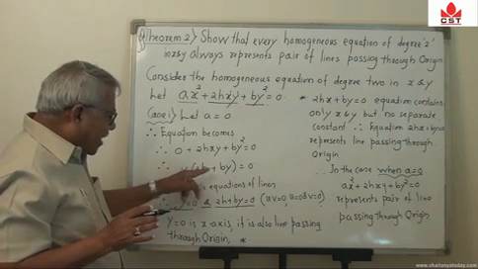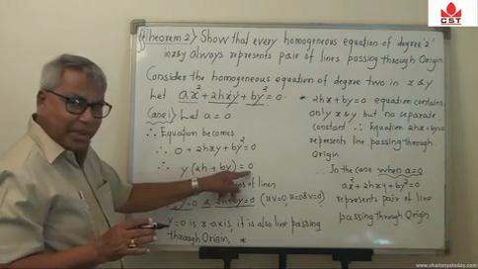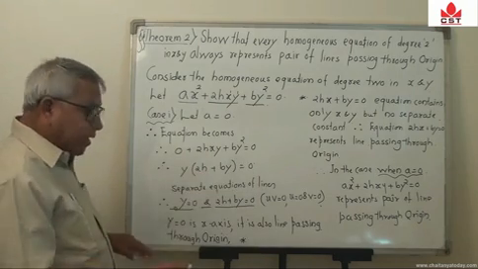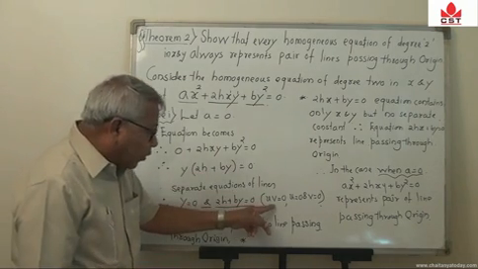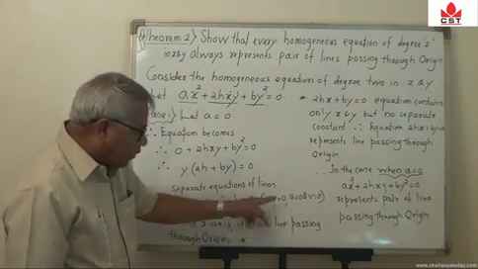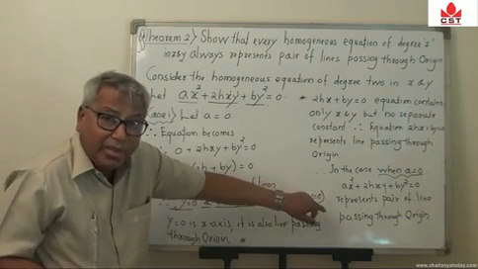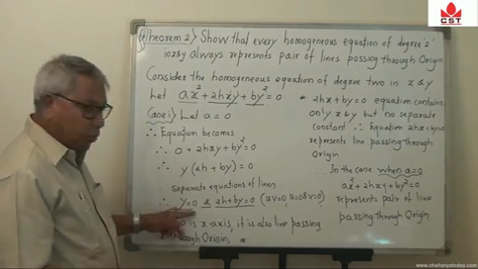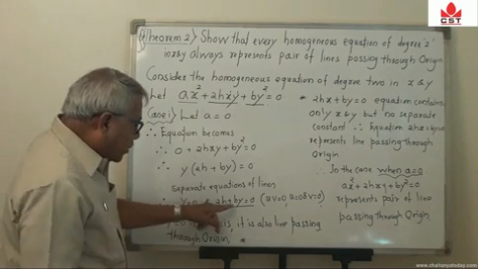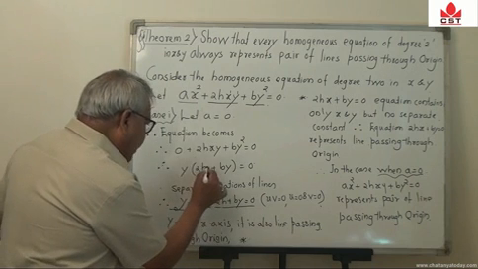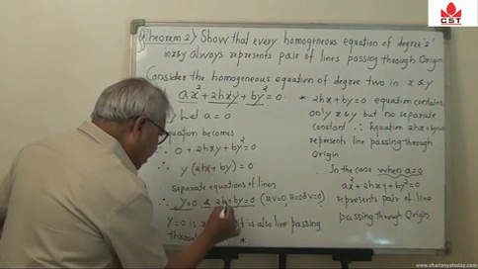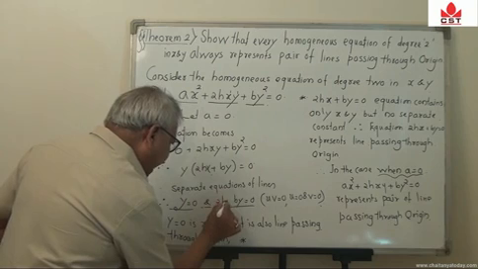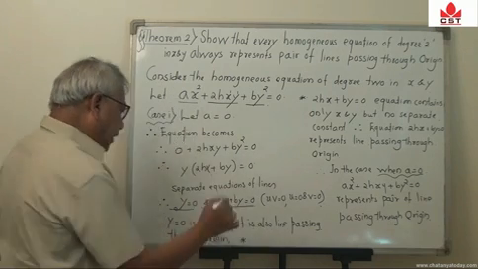What will we get? y into 2hx plus by is equal to 0. So make them separate, since you know that the locus uv equal to 0 gives u equal to 0 and v equal to 0. So y is equal to 0 and 2hx plus by is equal to 0.